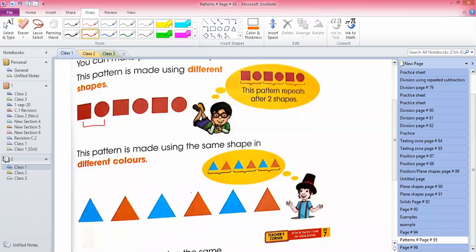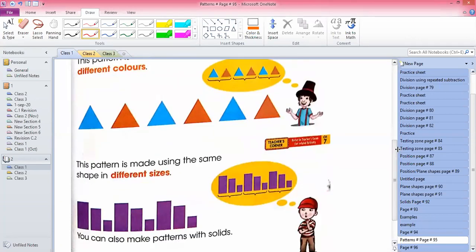Blue, orange, blue, orange, blue, orange, and it will continue like that. From any point, if I stop and ask you after orange triangle, which color triangle should be next? You will say, sir, it will be blue color triangle. If I ask you after blue color triangle, which color triangle should be next? You will say, sir, it will be orange, right? So this is very easy. We will do some practice also in the next file which I will share with you.